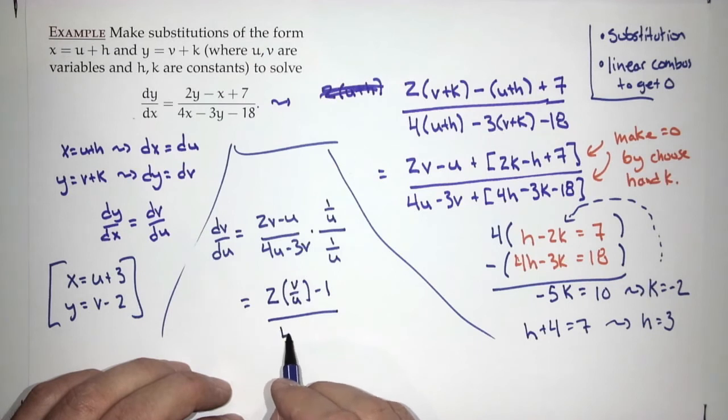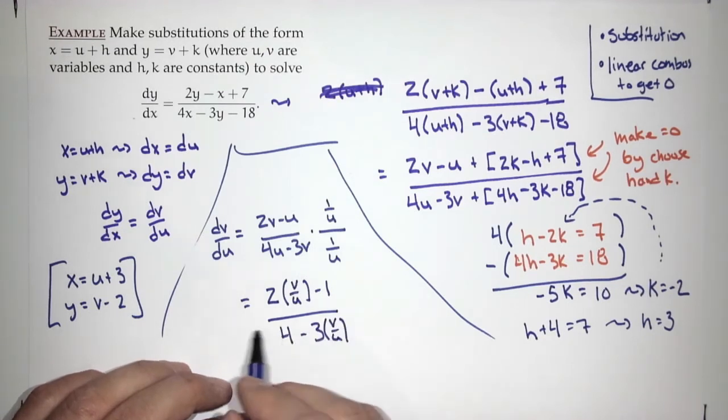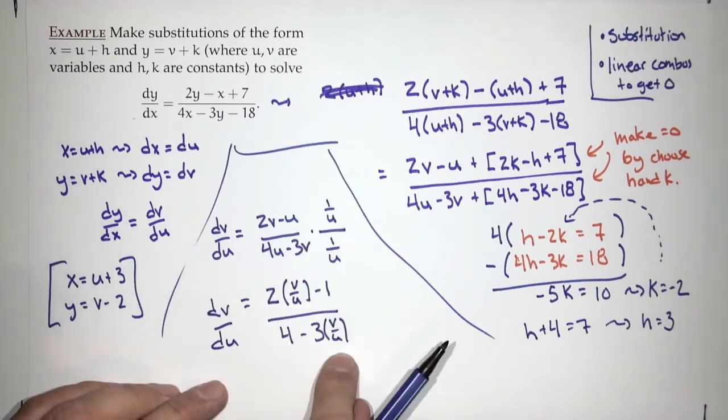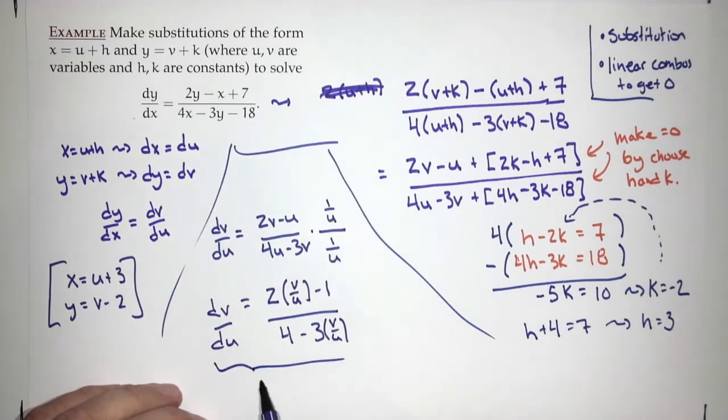And downstairs we have 4 minus 3 v over u. And now notice everything where our variable occurs, it is of the form v over u. So this is homogeneous. And we're off to the races because we know how to do homogeneous. We make the substitution and life is good.